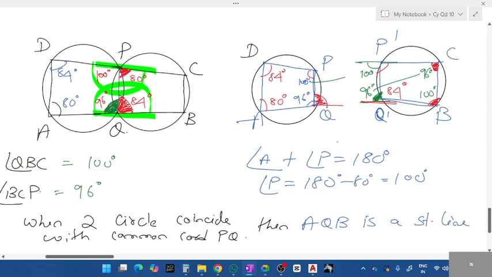You can even use the straight line concept. So I've explained both ways. I have used the theorem: when two circles coincide with a common chord PQ, look at the lines AQB and DPC. It will be a straight line. The entire angle P is equal to 180 degrees, and angle Q will also be equal to 180 degrees.